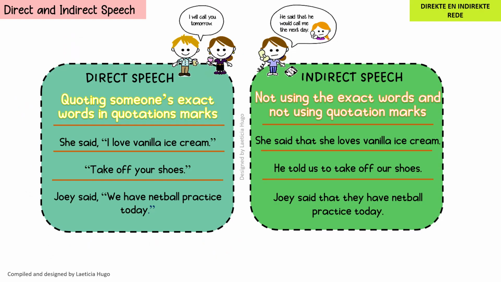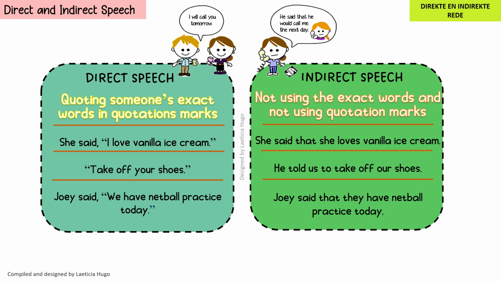Let's have a look at direct and indirect speech. So let's start first with the direct speech in the blue block on your left-hand side. That is quoting someone's exact words in quotation marks. Very important, when you write or read direct speech, there are always quotation marks.